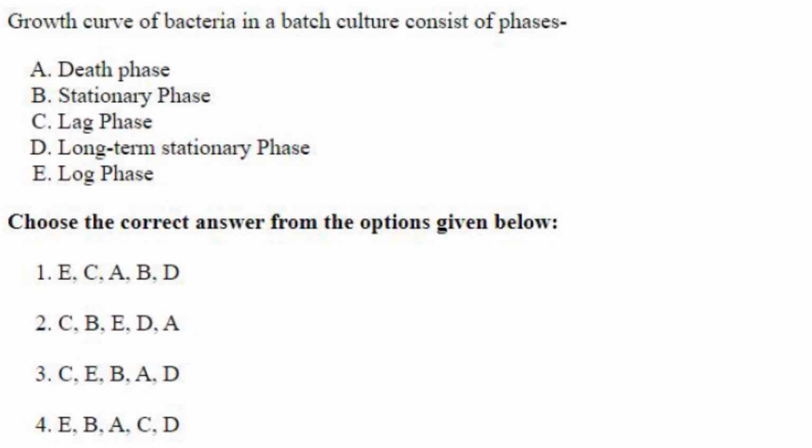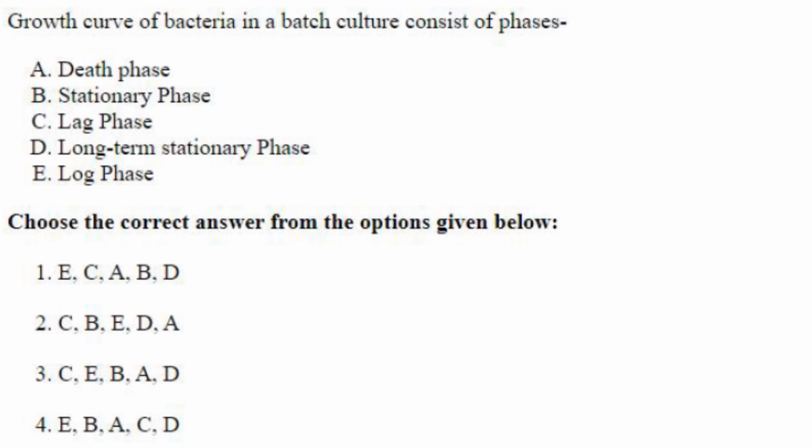Then next one. Growth curve of bacteria in a batch culture consists of phases. The growth curve has lag phase, then log or exponential phase, then stationary phase and finally death phase. But here there is one more option, long-term stationary phase, that comes after the death phase.